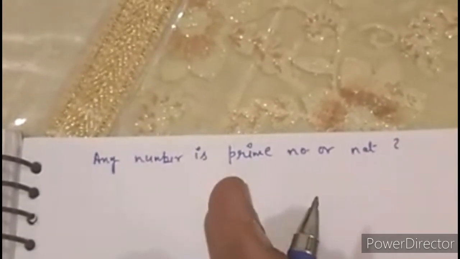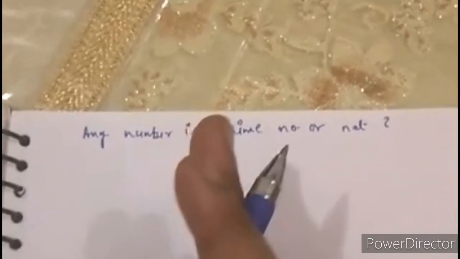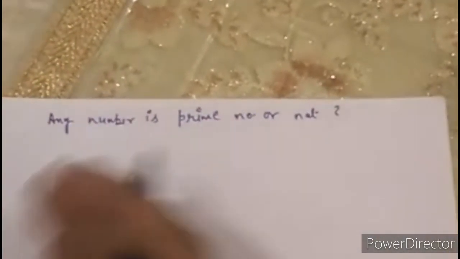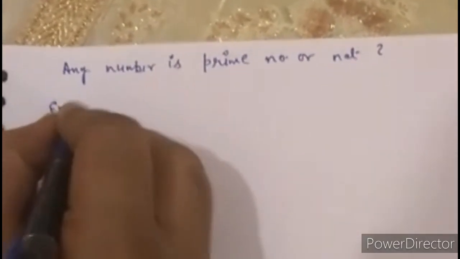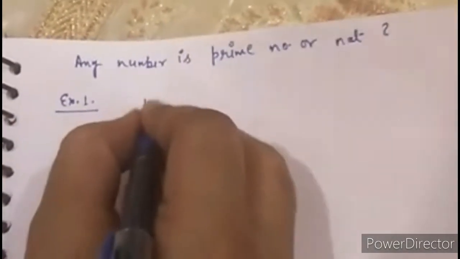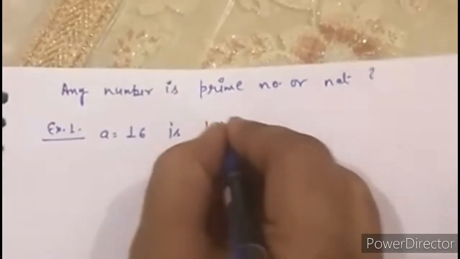Consider the prime numbers which are less than the square root of that number, and divide the given number by those prime numbers. For example, if we are going to check whether 16 is prime or not, how will we find out?